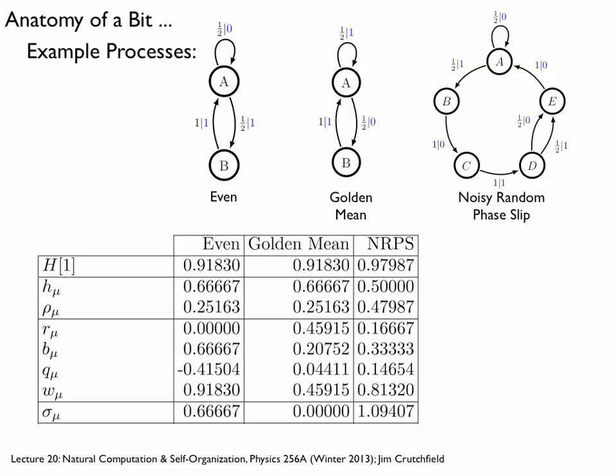Binary erasure channel is when you throw ones or zeros through it, and sometimes that symbol gets erased and you just get a blank instead of a corrupted value. It's just nothing. And so what it really quantifies, or at least the ratio of R mu to H of 1, is if you had your entire time series written down and erased one spot, how often you would not be able to fill that in based on its context of the past and the future.